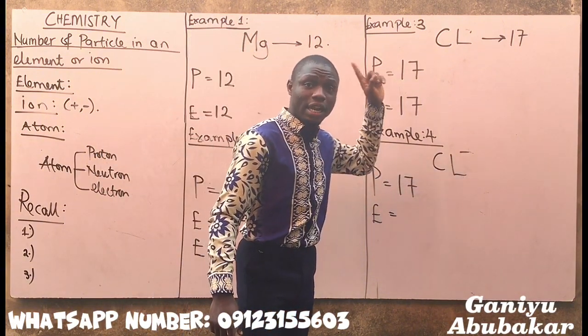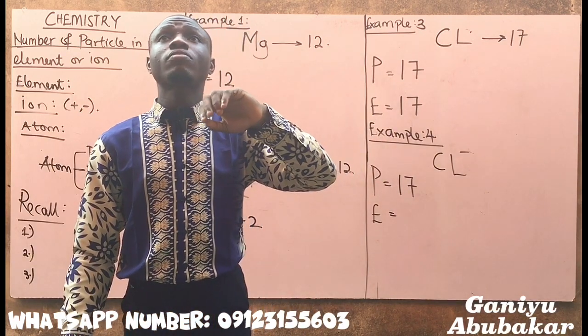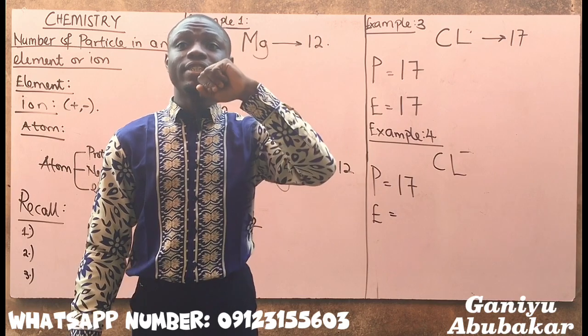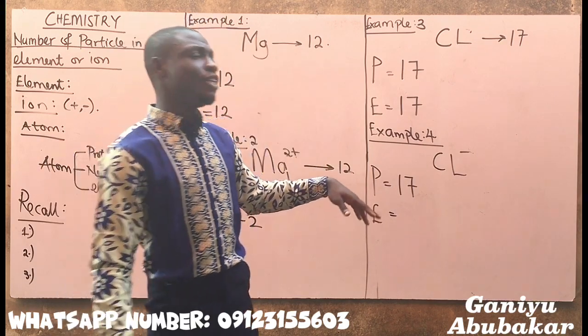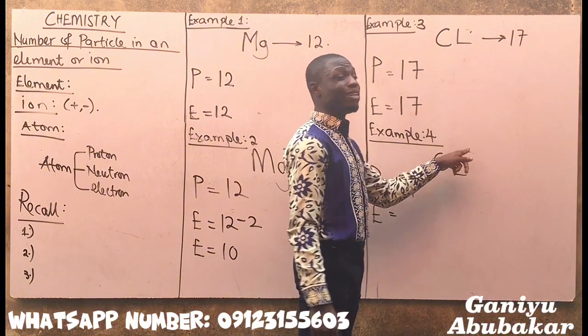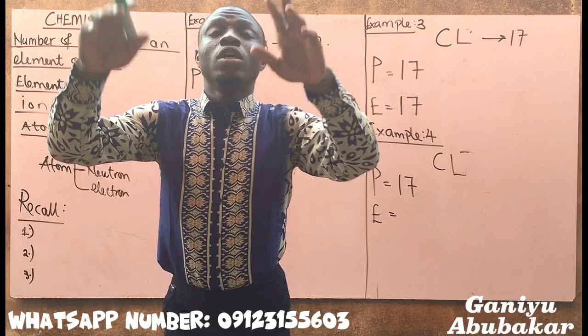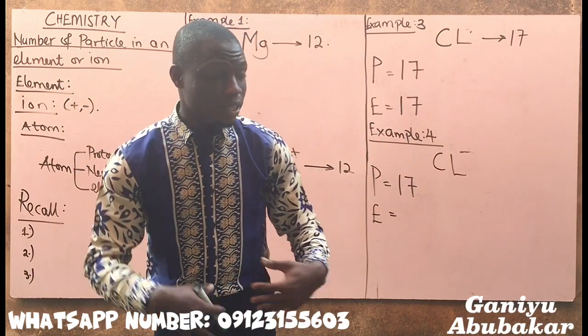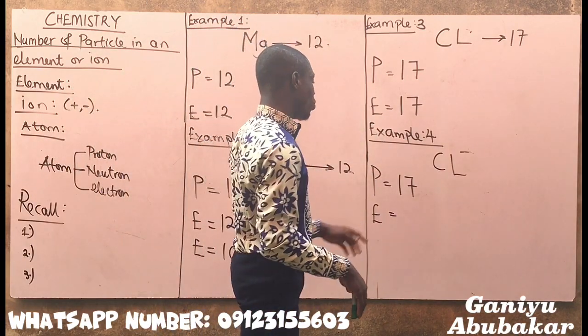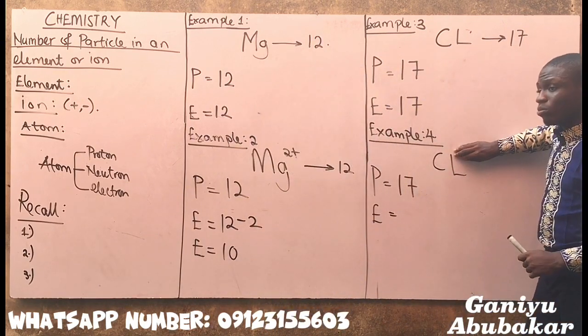I explained this last class when we were dealing with the concept of valency, valency radical. I explained why it is minus, right? So this chlorine minus means chlorine is gaining an electron, yes, gaining 1 electron. So let's assume that chlorine was a neutral atom, no charge.